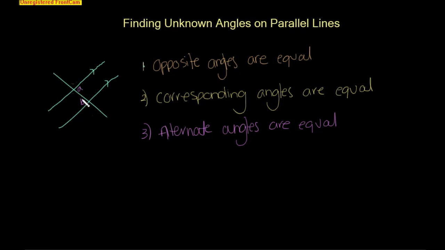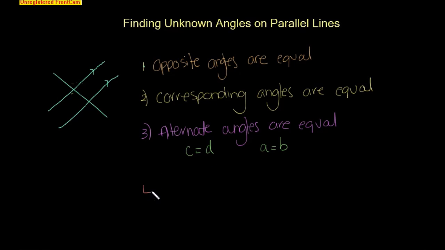So A and B here are alternate angles, which are therefore equal. One other pair of alternate angles on this set of parallel lines would be here. So C and D are a pair of alternate angles, and A and B are a pair of alternate angles.